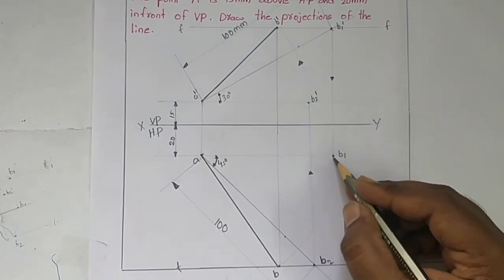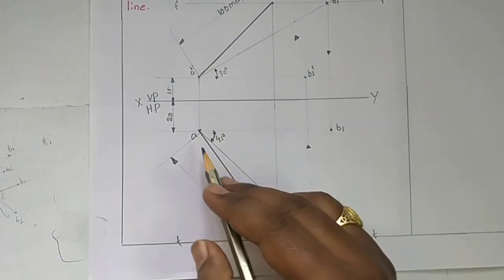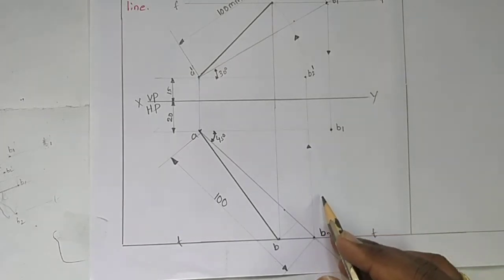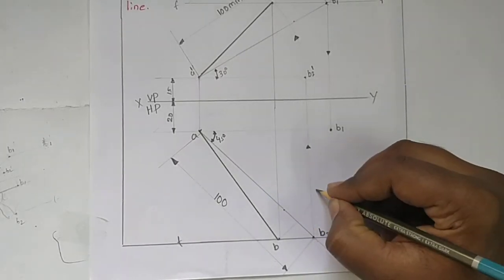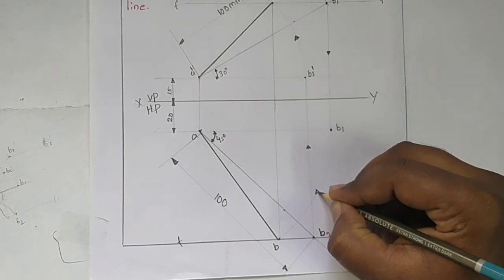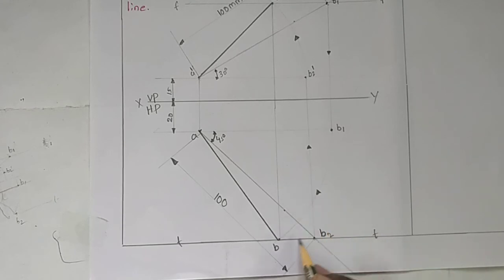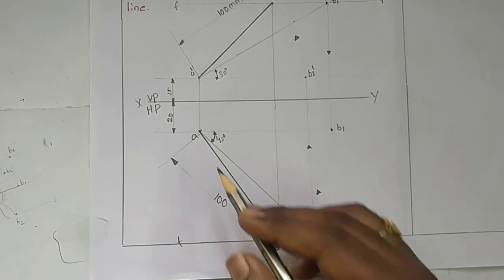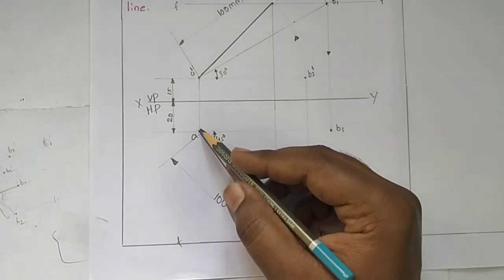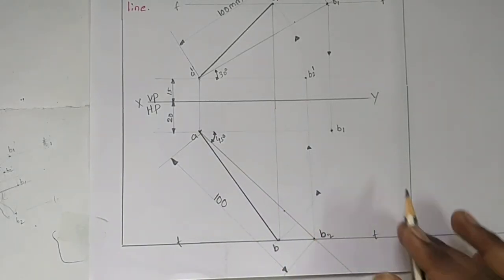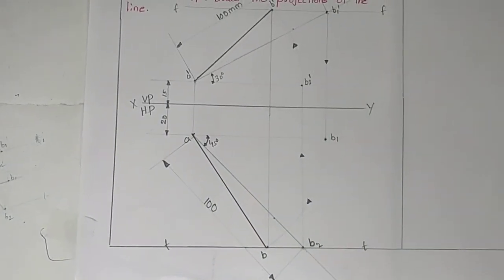Okay. Next, with A as center and AB1 as radius, draw one arc clockwise up to the locus of top view. It will intersect the locus of top view at one point. That point is known as B. Now we got A and B. By joining A and B, we got one straight line. It is the top view of the line AB.